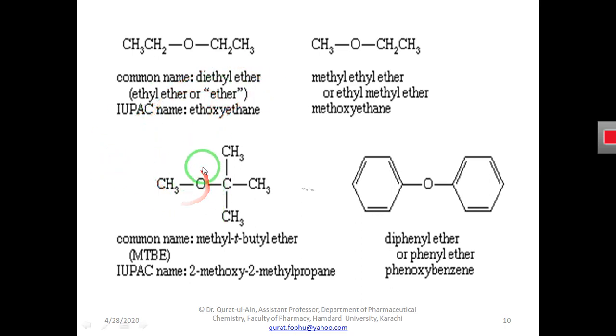So what we do, we will consider this CH3O group as a methoxy group, and we will name it as methoxy methyl propane, and we will also add the position of the attachment of this methoxy group in the middle of this name.